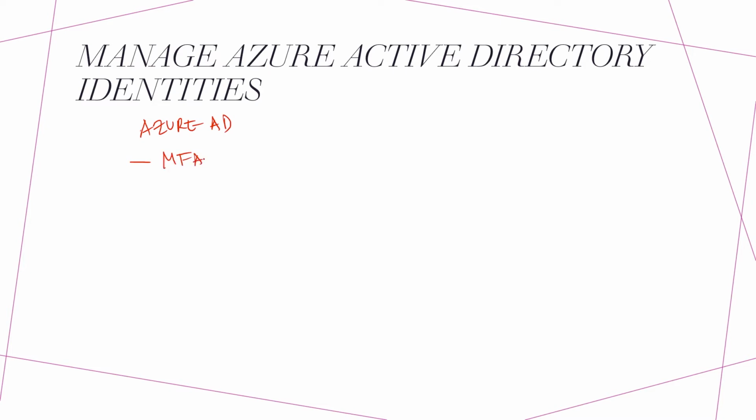First is MFA, multi-factor authentication. I'm sure you're aware of that or have come across it. We will be discussing what options we have in Azure AD later on in this series. It can also do device registration.